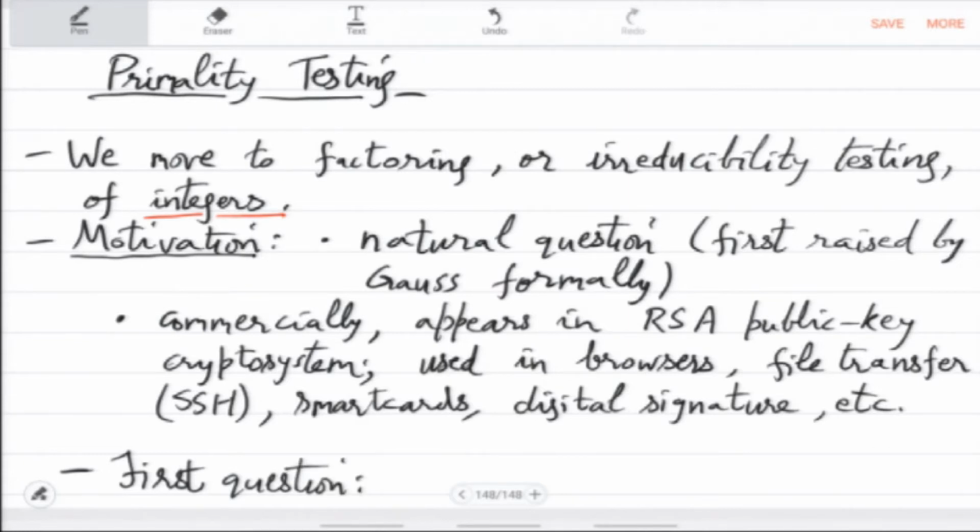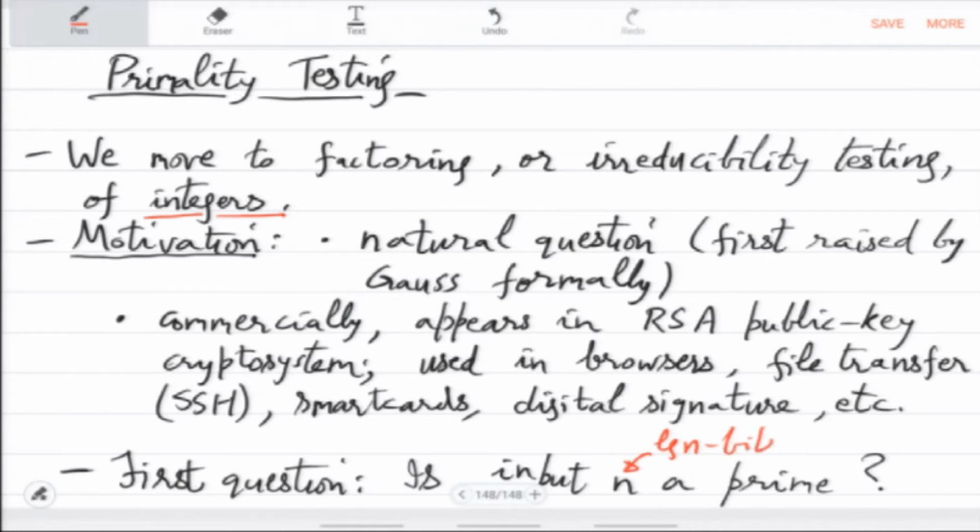Is input n a prime? And this input will be given obviously in binary. So you are given log n bits.